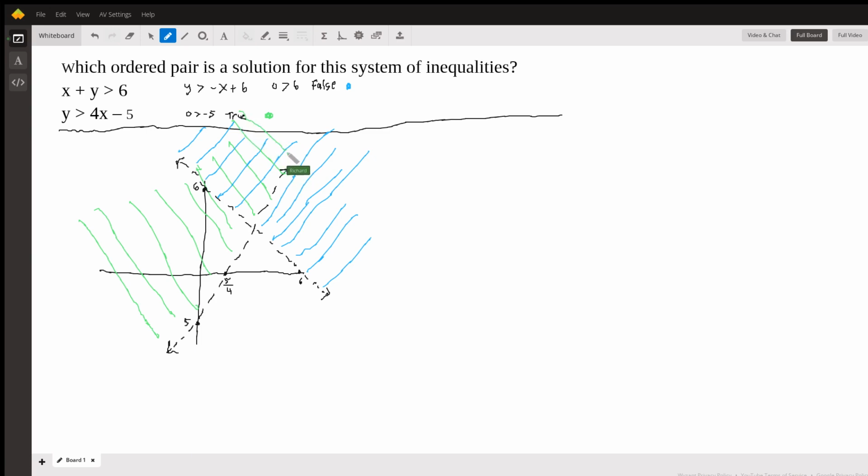It should only go down to the black line, which isn't quite there. Okay, so the solution region for both of these combined is the intersection of the blue and the green. And I'm just going to put a big fat R here, just the way I like to indicate a solution region.